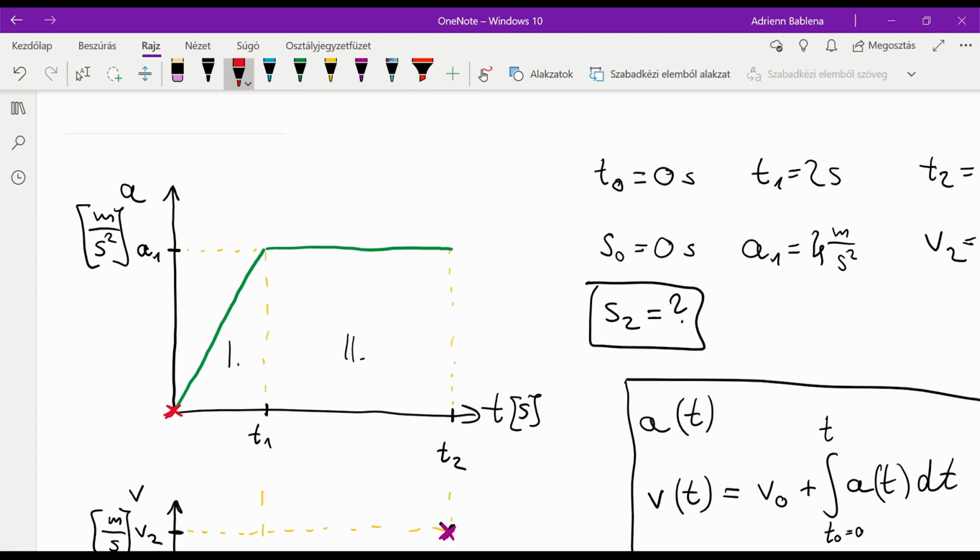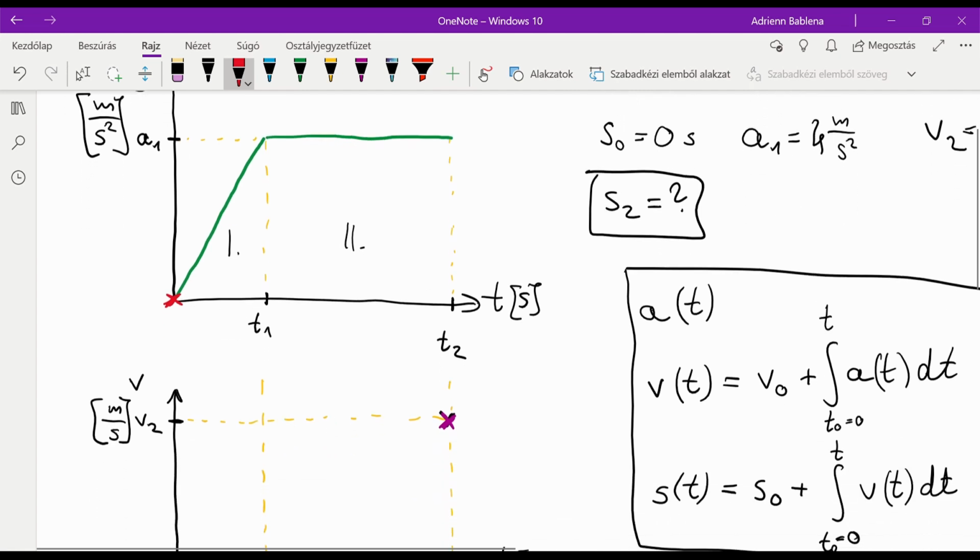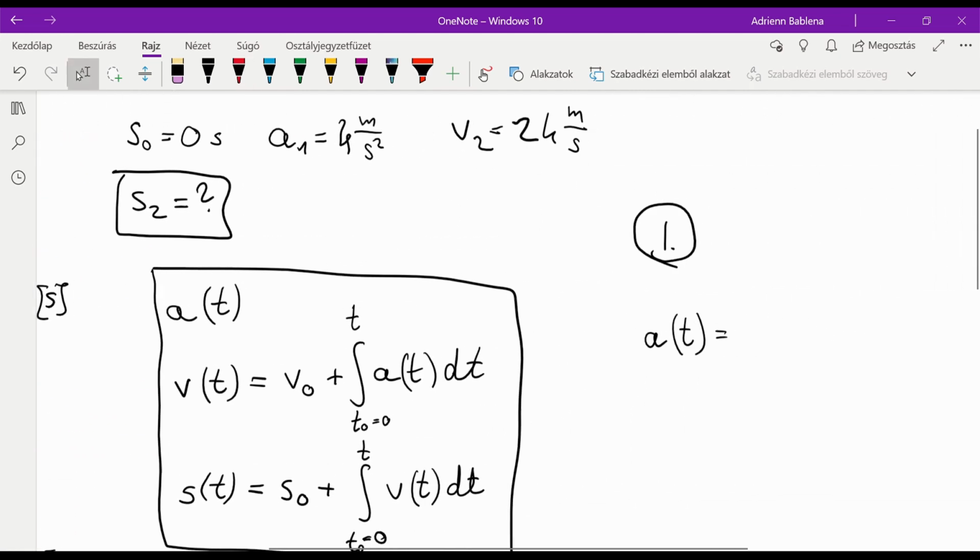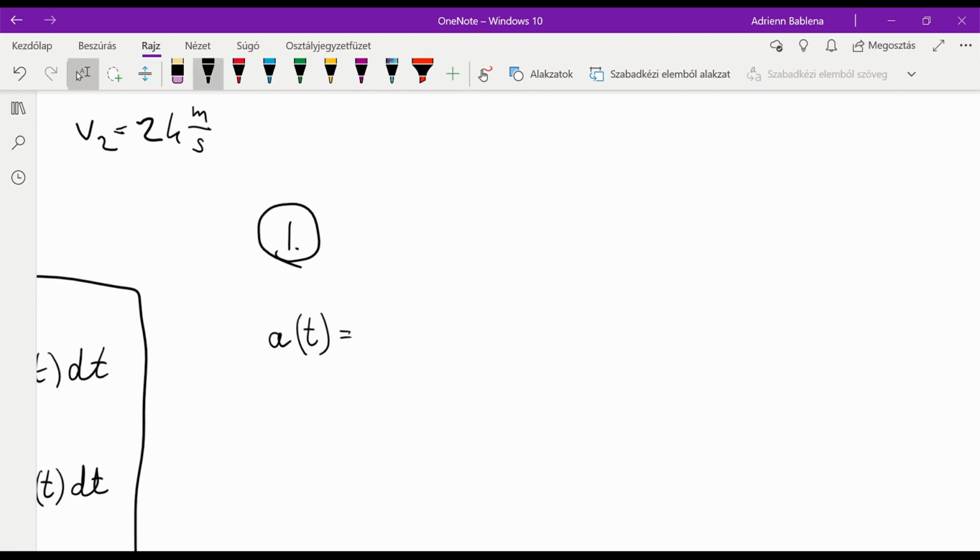Luckily it's 0, so it means that there is no constant part, and we have to write only a first order function.